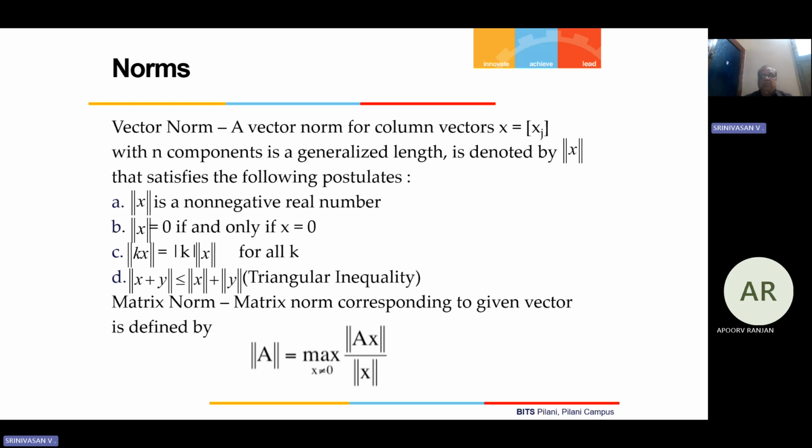Matrix norm. If you take a matrix, its norm corresponding to a given vector norm is defined as norm of the matrix A is the maximum of norm of Ax, the multiplication of the matrix with the vector, divided by norm x. Just an observation, that's all.